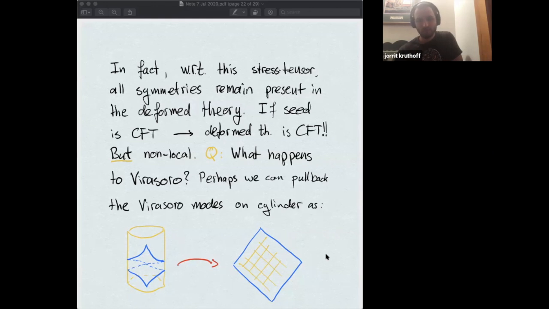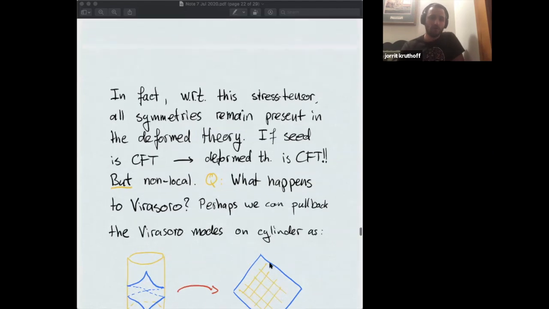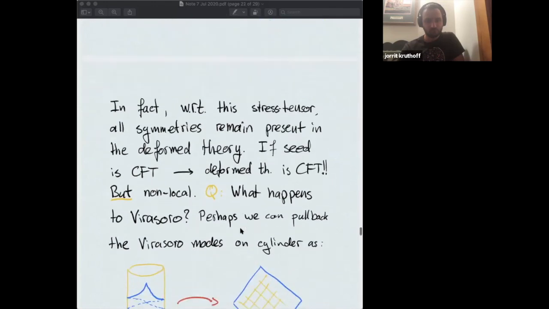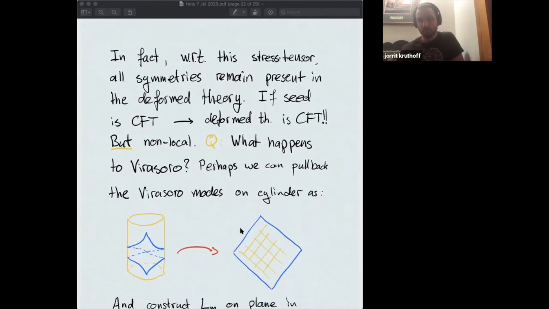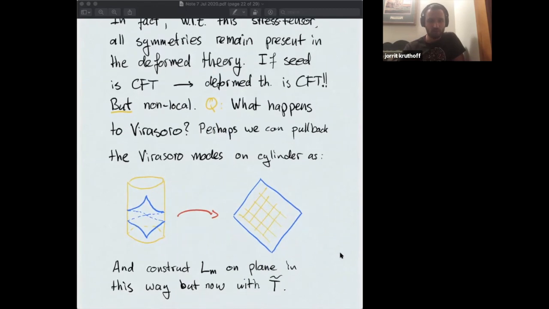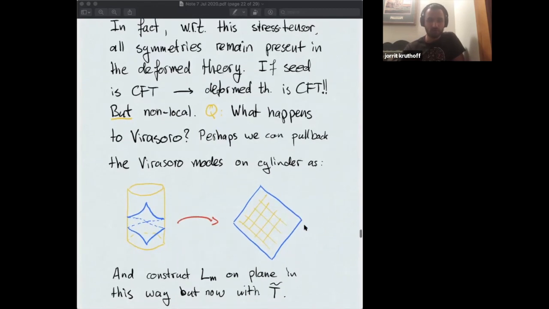That's a construction you can definitely do in the undeformed theory, and the statement would then be to use that same construction but now for this deformed non-local stress tensor T tilde, and then this deformed theory would also have a Virasoro symmetry. But yeah, that's just an idea. We haven't worked that out or anything, but that is something interesting that happens for these tilded operators.